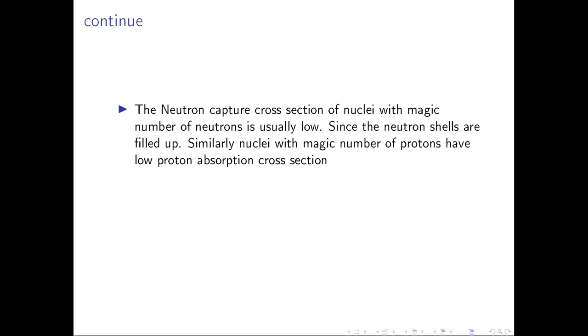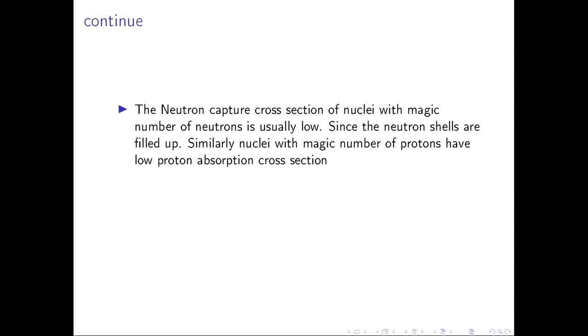This can be explained only by considering that the neutrons reside in shells and the shell is filled at these numbers of neutrons, the magic number of neutrons, and hence they have very little affinity for another neutron.